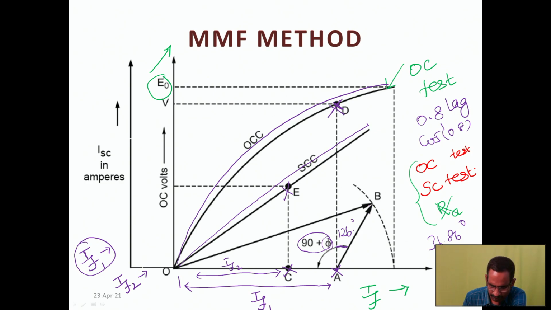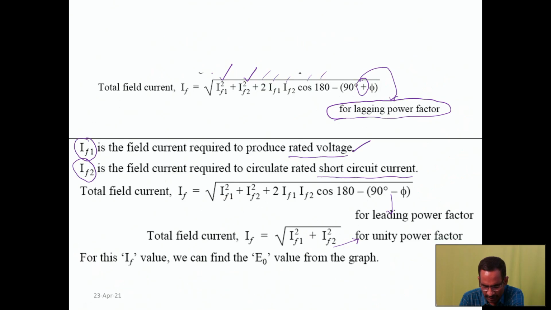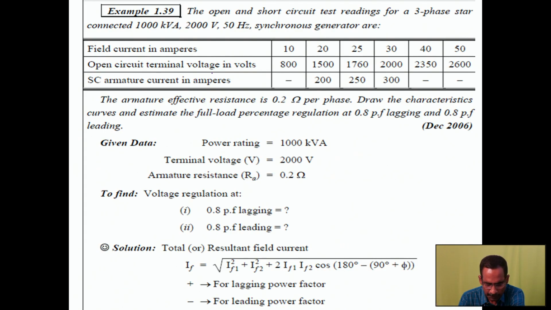So it is our resultant value. So if you draw the curve from this, it is our total or the resultant field current. Now it is our E0 value for the IFR or IF total field current. So it is our E naught. By using this E naught, we can calculate the regulation.